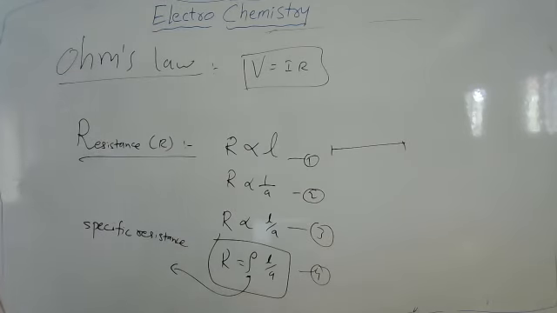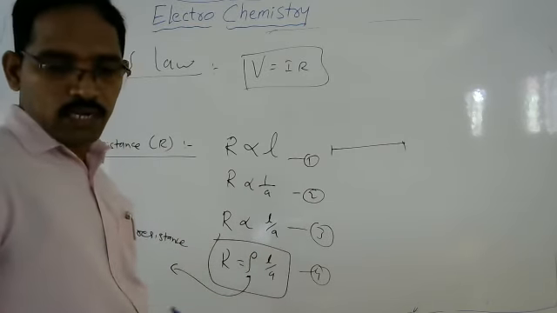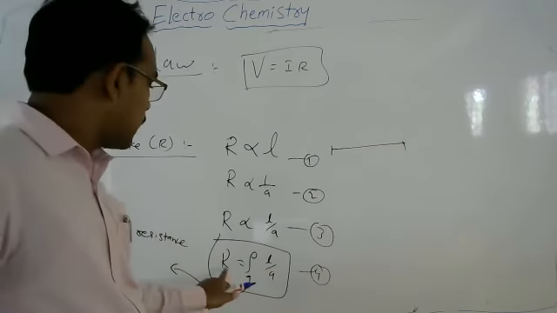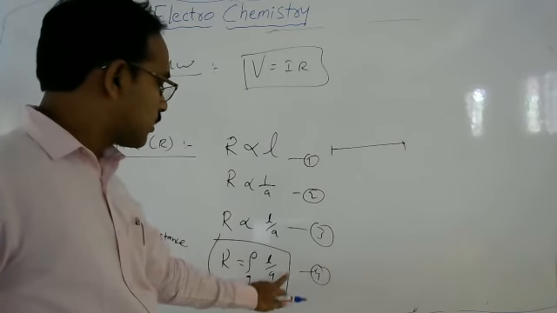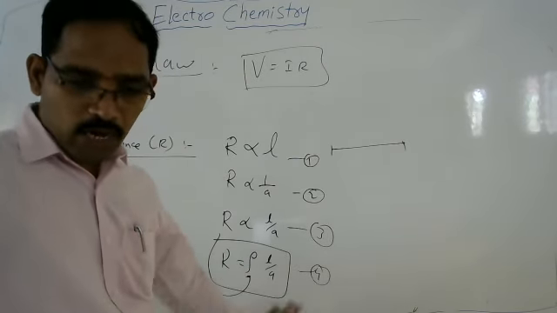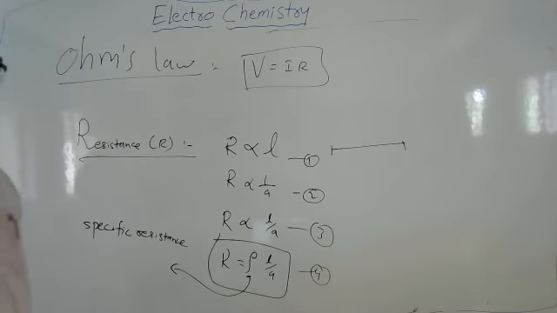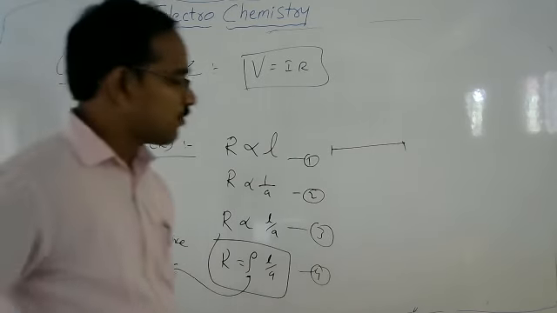For aluminum it is fixed for aluminum, for iron it is fixed for iron. R is complete resistance, L is length, A is area. Everyone, you know this formula. It came in physics.